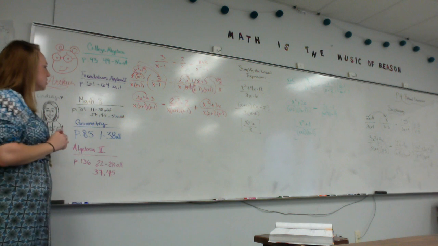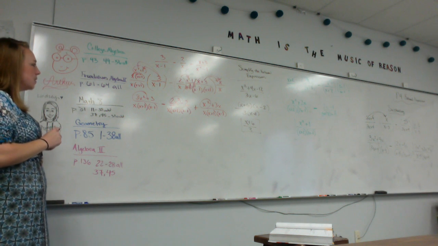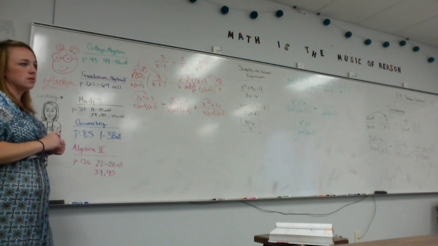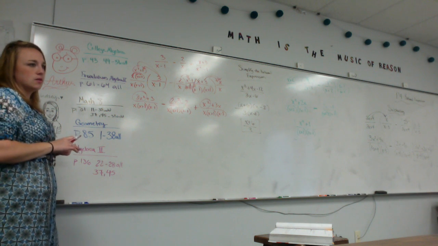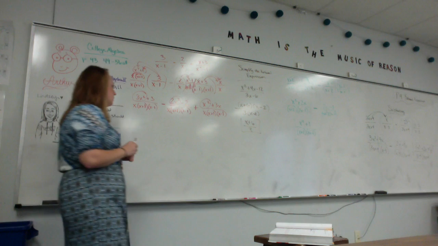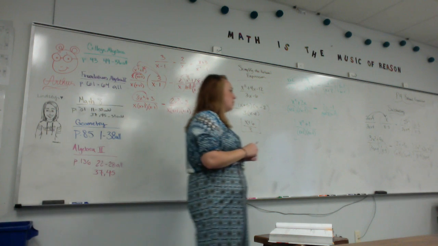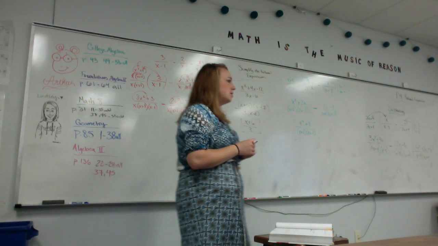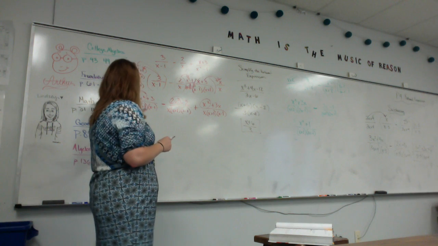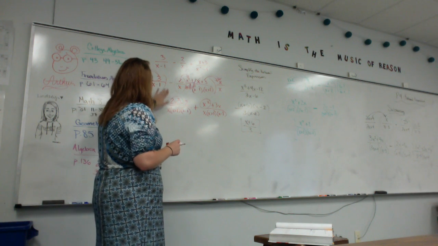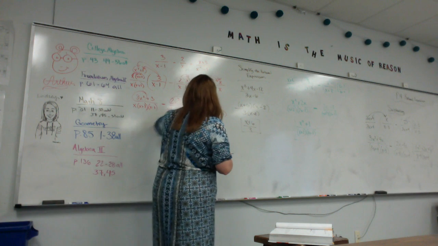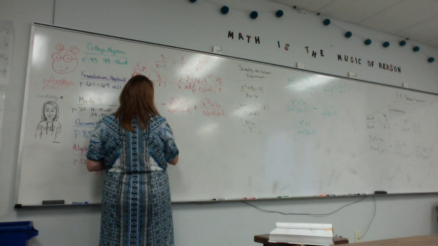What does that give me? What's 3x squared minus 2x squared plus x squared? 3 minus 2 plus 1. It's 2x squared. 3x squared minus 2x squared gives me an x squared. X squared plus x squared gives me 2x squared.